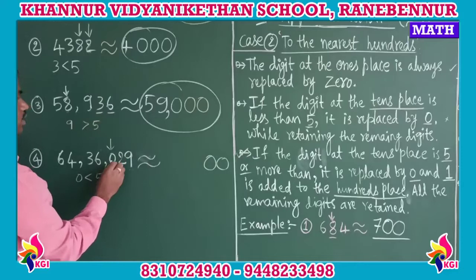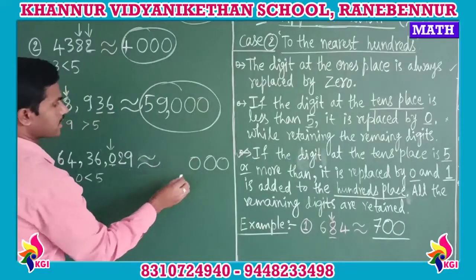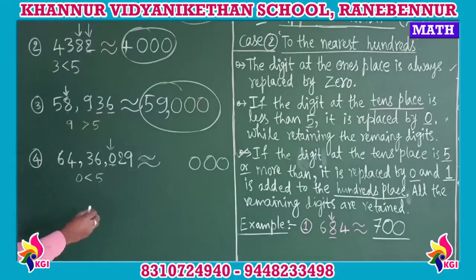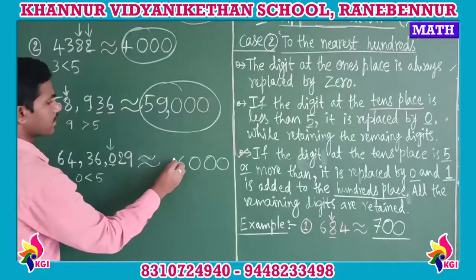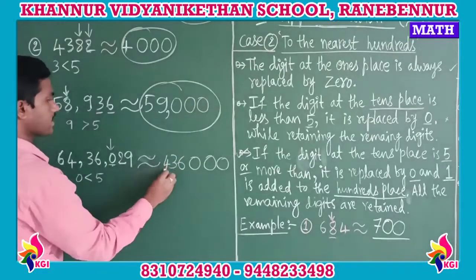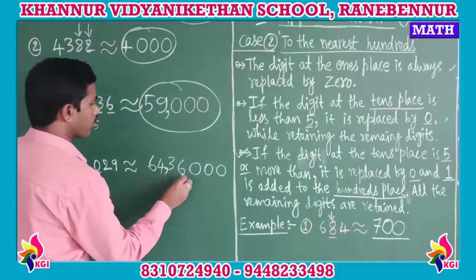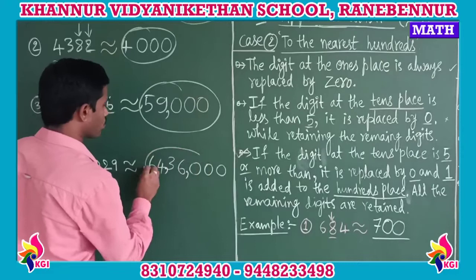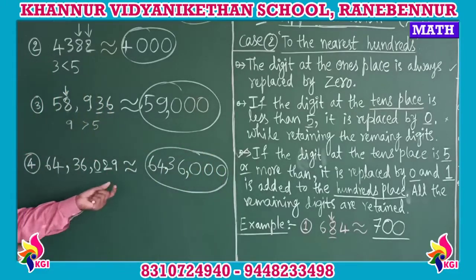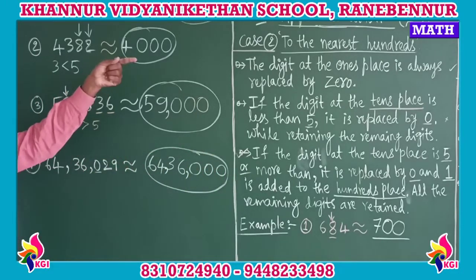So this 0 is there, you keep 0 as it is, you do not disturb it. Then 6 as it is, 3 as it is, 4 as it is, and 6 as it is. This is the number 54,36,000, the rounding off number to the nearest thousands.